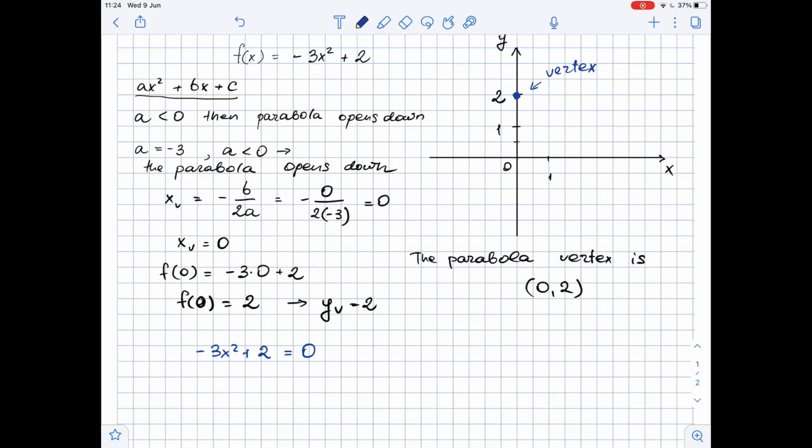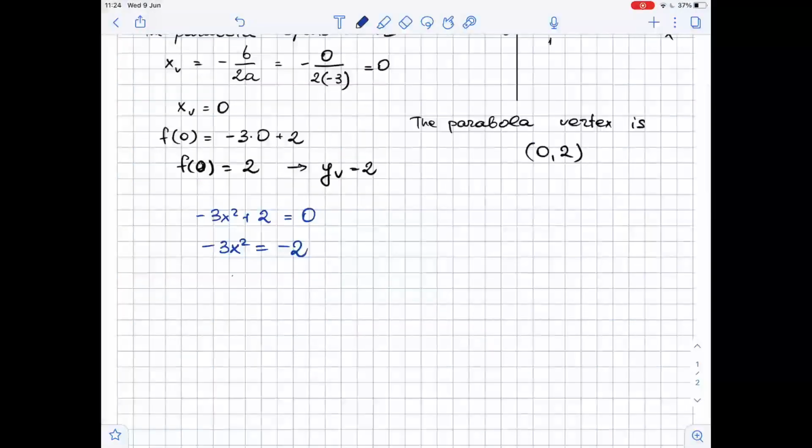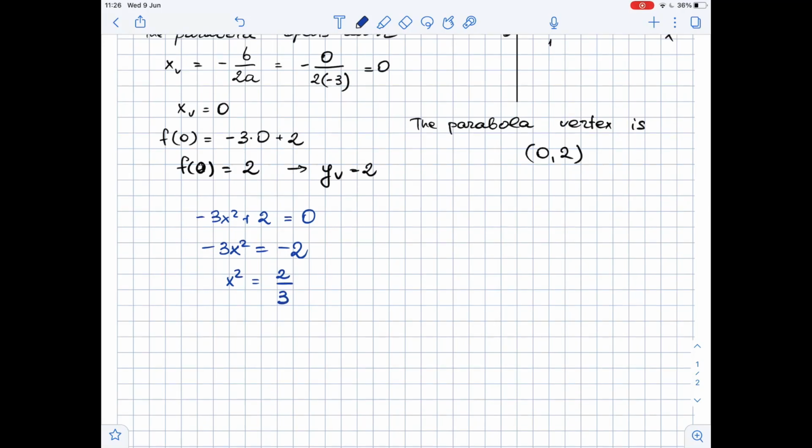That means that negative 3x squared is equal to negative 2, so x squared is equal to 2 over 3. And if x squared is equal to 2/3, that means that x is either equal to the square root of 2/3, or x is equal to negative square root of 2/3.